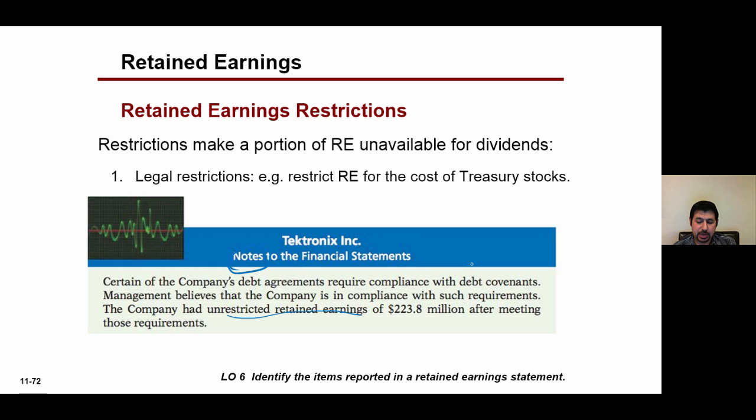So the company has unrestricted retained earnings of 223.8 million mostly because of debt agreements. They have long-term debts, and probably some contracts require that part of the retained earnings must be restricted.